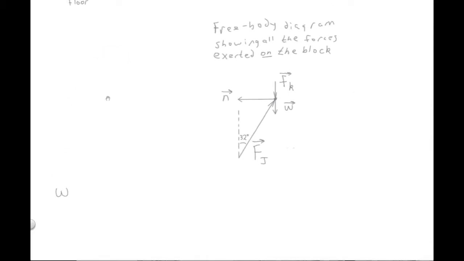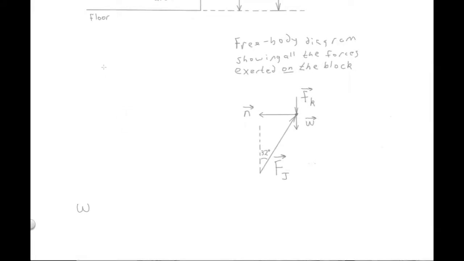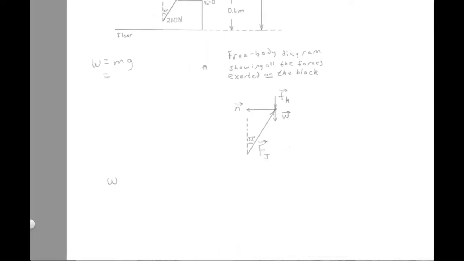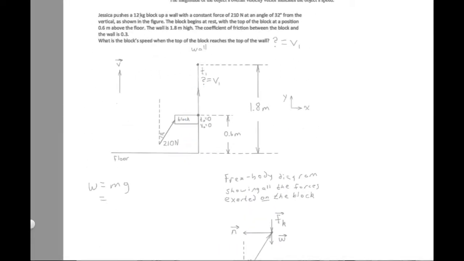So we have the force of the weight. And remember, don't overthink it. There's a special formula for the magnitude of the weight. Our mass is 12 kilograms. Little g is 9.8.